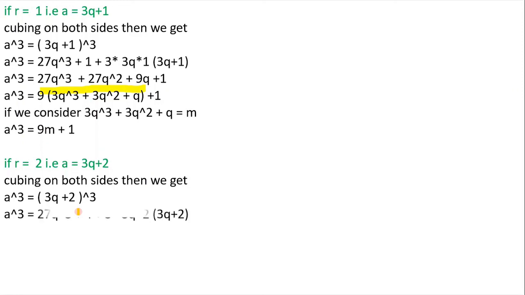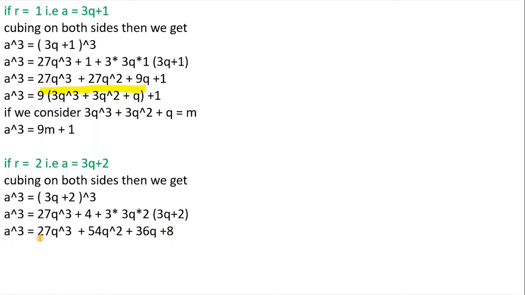So, a cube becomes 27q cube plus 8 plus 3 into 3q into 2 into (3q plus 2). Now, it becomes a cube equals 27q cube plus 54q square plus 36q plus 8.